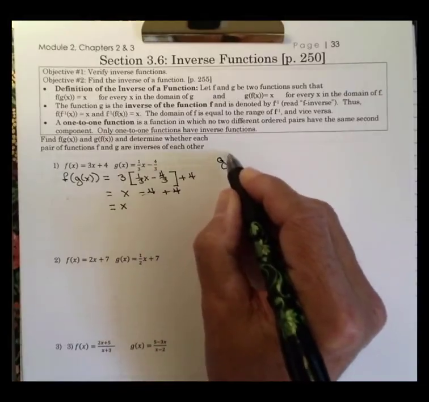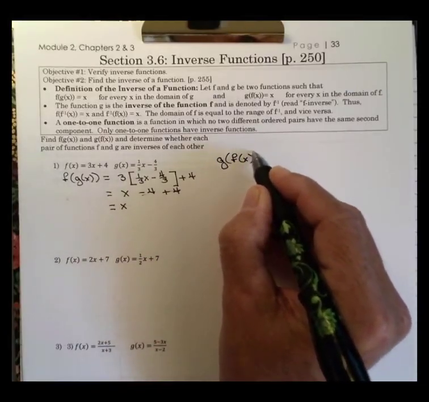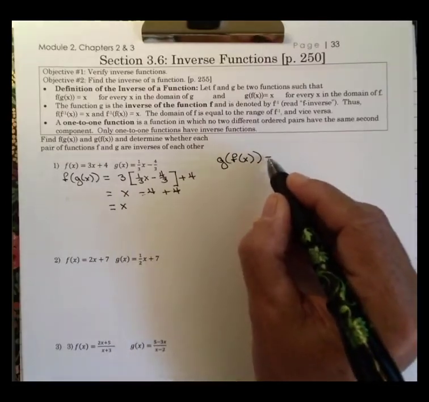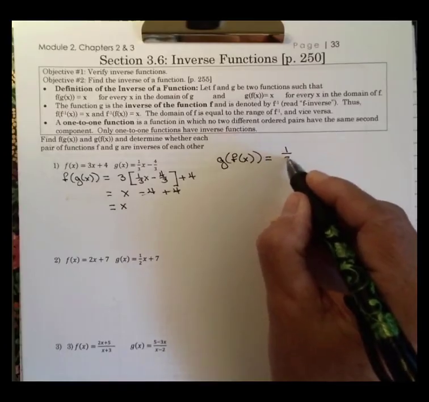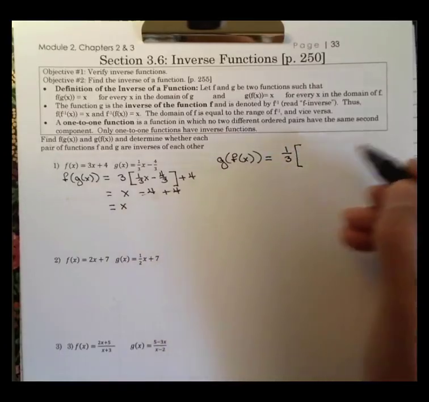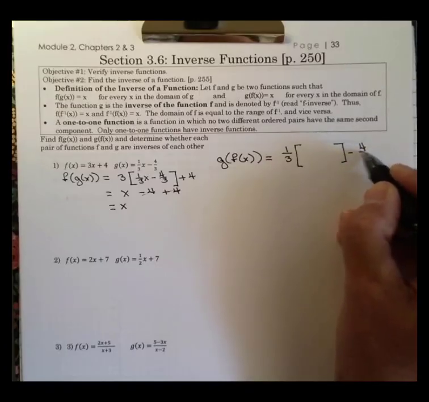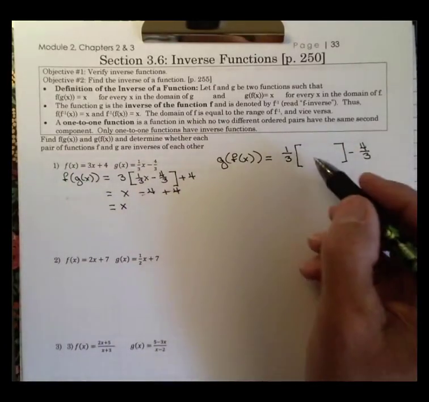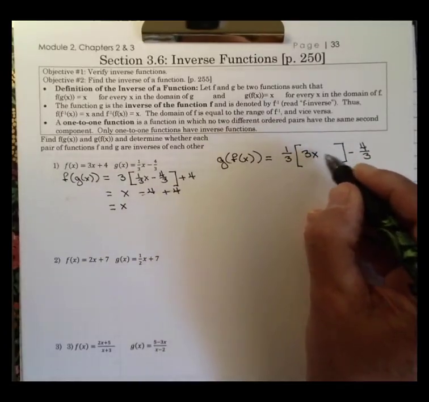I'll say this is g of f of x, or the g with f composition. I take the g of x function, which is 1/3 times, and here's where I'm going to insert the other function, minus 4/3. So I'll put the f of x function in here. It is 3x plus 4.